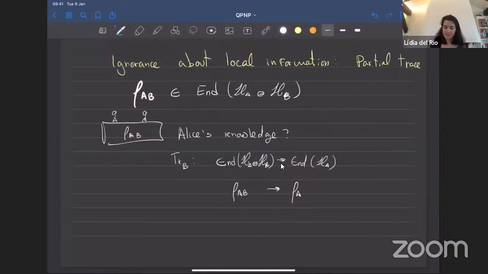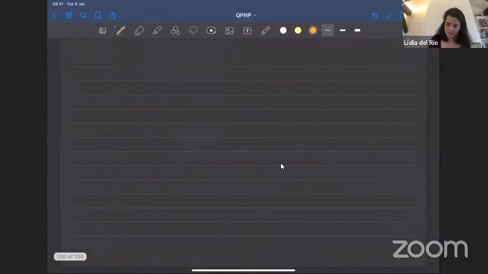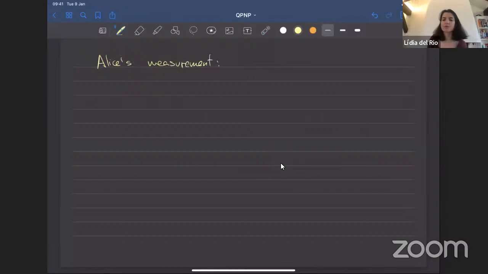Let's suppose that Alice can just measure something with some projective measurement pi k, right? What's happening on Bob's side? For now, we say nothing is happening on Bob's side. Alice's measurement, we already talked about a long time ago.